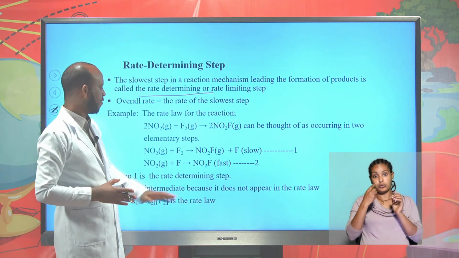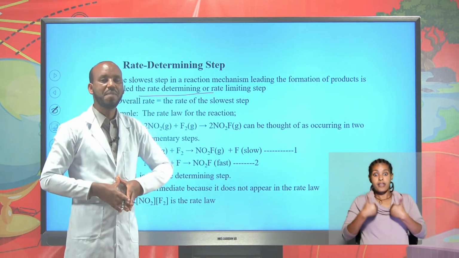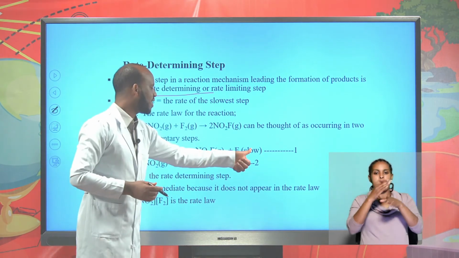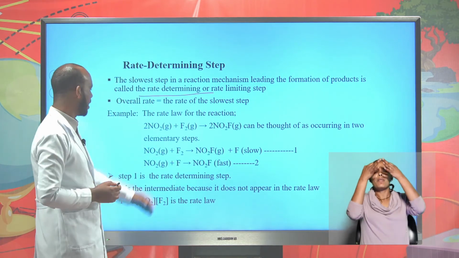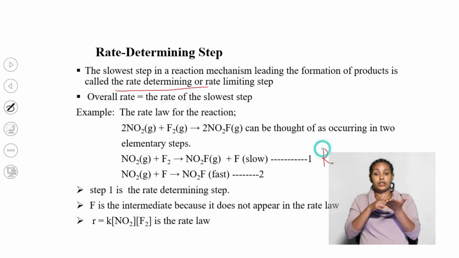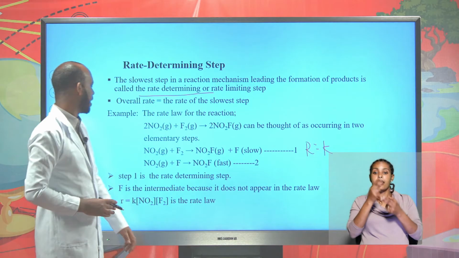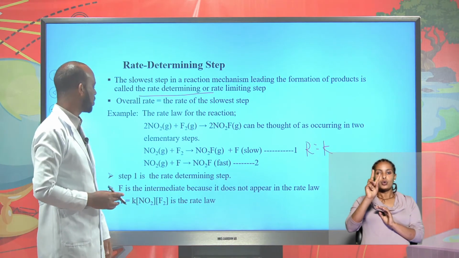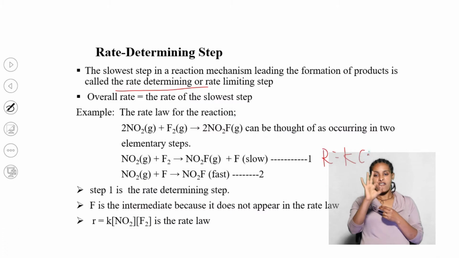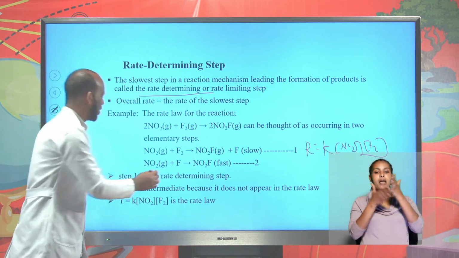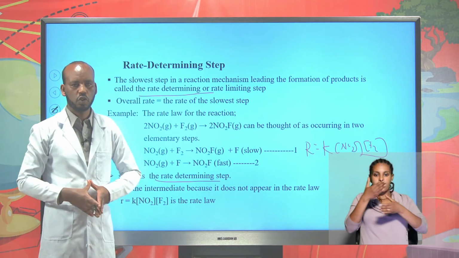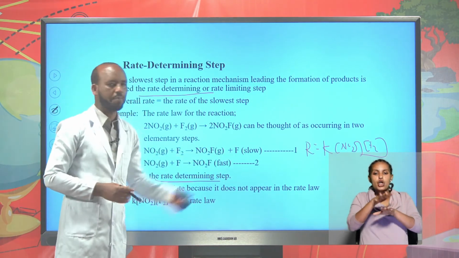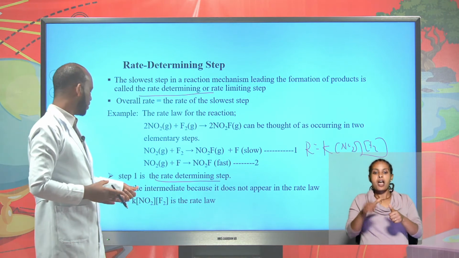As we said, for a reaction having multiple steps, the slowest step is the rate determining step. Therefore, rate of this reaction equals k times concentration of NO2 times concentration of F2. Now, step 1 is the rate determining step, because step 1 is the slow step. F is the intermediate.